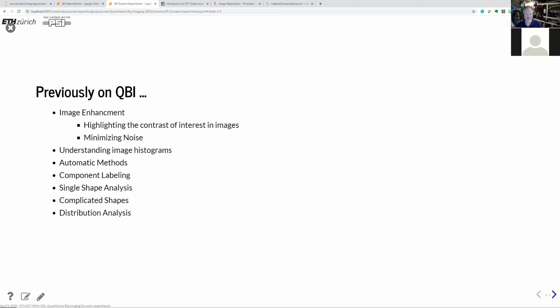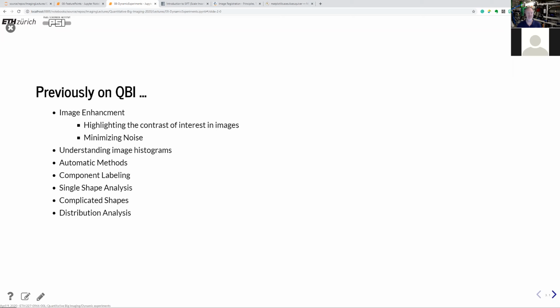And well, just as a recap of what we have done until now, we did image enhancement, getting rid of the noise, maybe enhancing some image features. Then we went over to histograms and ways to segment the images and also label them.